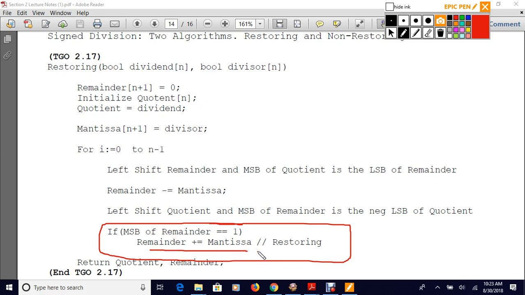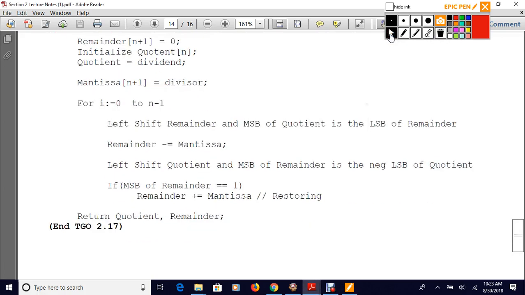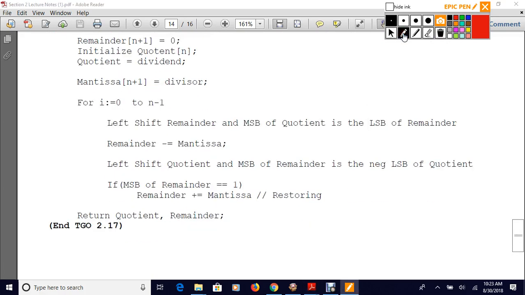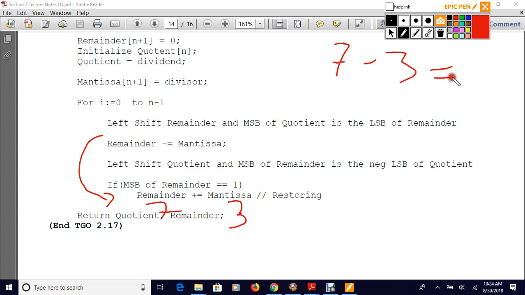One of the most common and easily avoidable mistakes: let's say the remainder is 7, and I subtract 3, right? If I want to restore, I have 4 and I want to add 3. So what's this value?